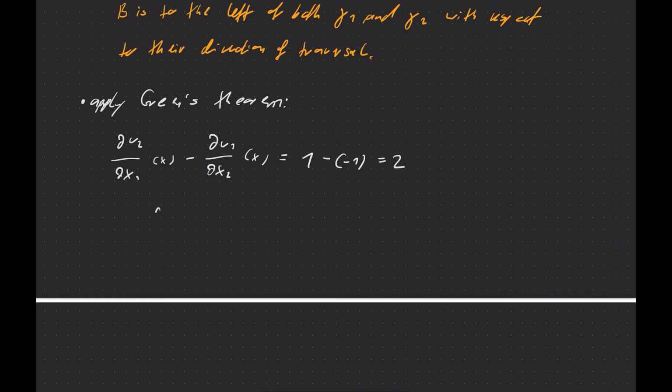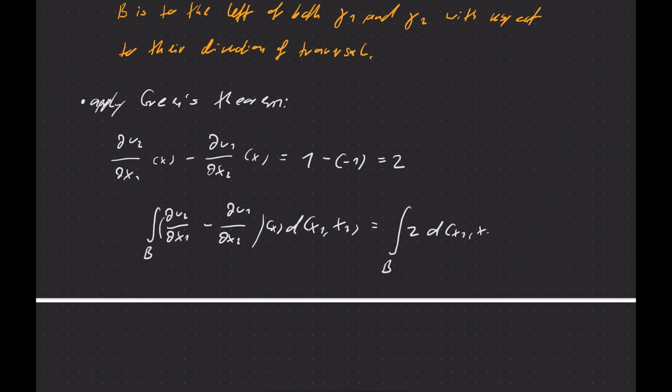We will compute the integral over b of dv2 dx1 minus dv1 dx2 of x dx1 x2. That is exactly the integral over b of 2 dx1 x2.